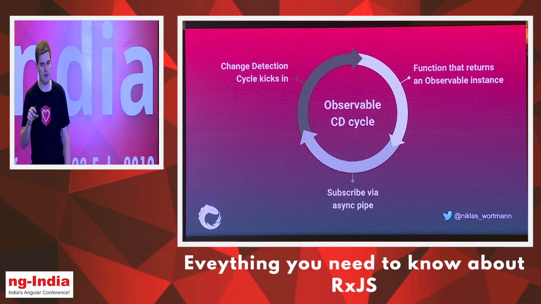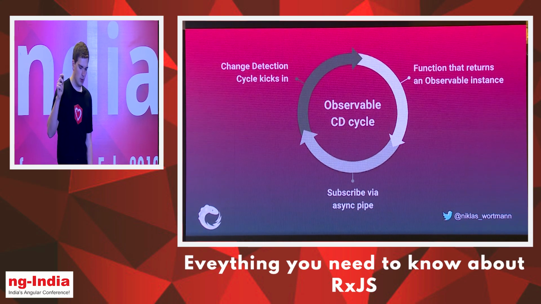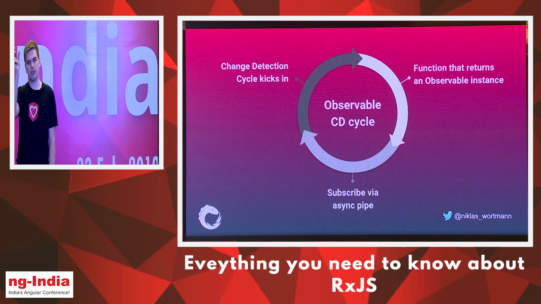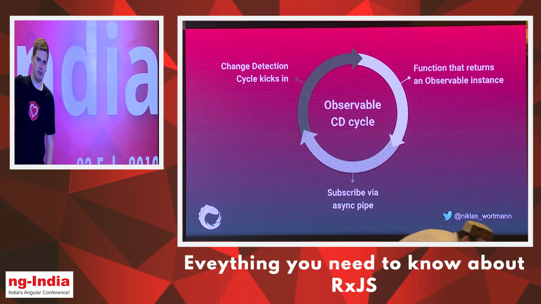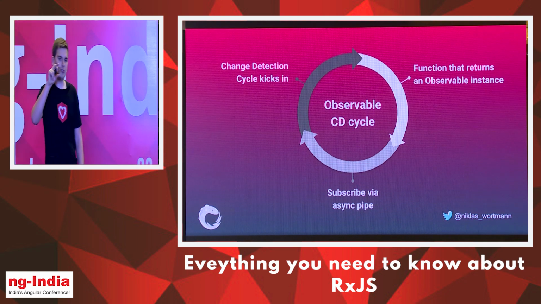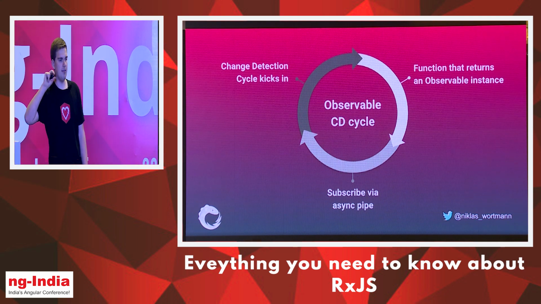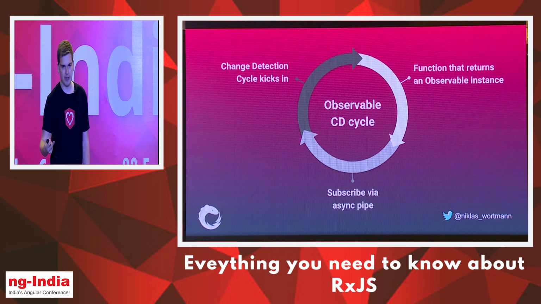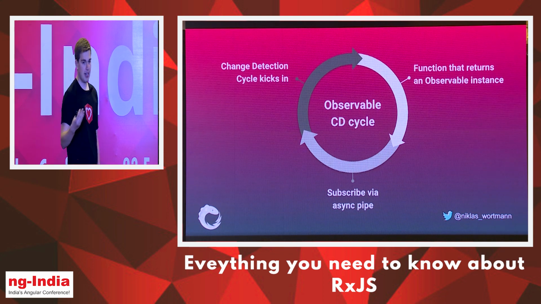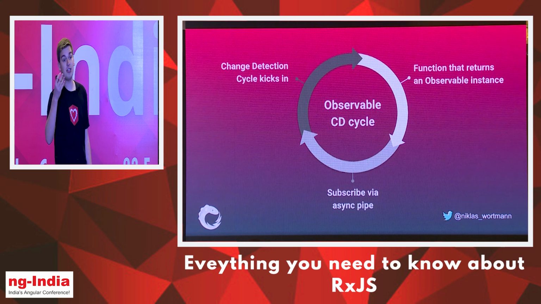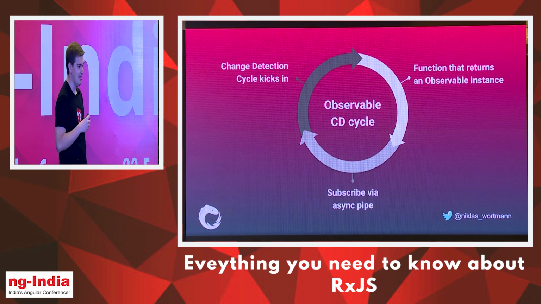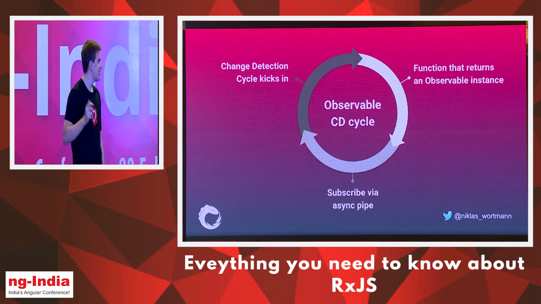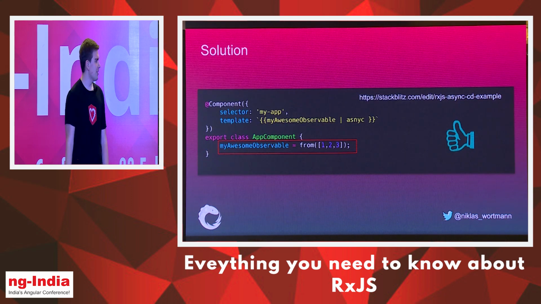So in our case, we return the observable from that function, subscribe to it, run a change detection cycle, so the function is re-evaluated, we subscribe to it again, and so on and so forth. Especially if you're doing HTTP calls which trigger a change detection cycle, you are running into an endless loop. Amazing. So how to get rid of it?